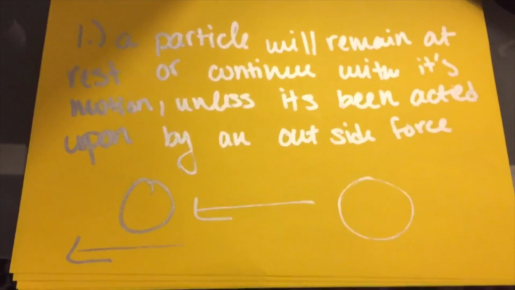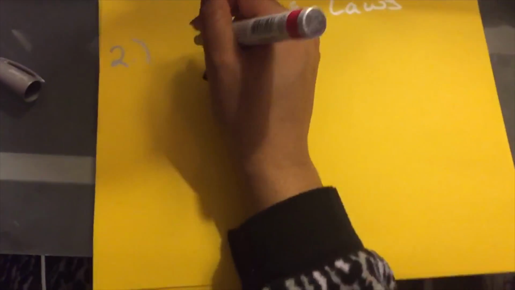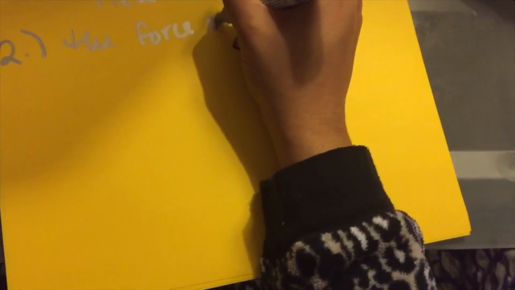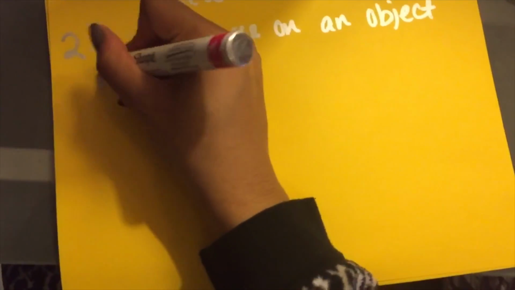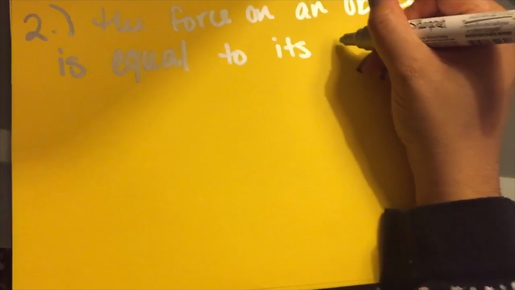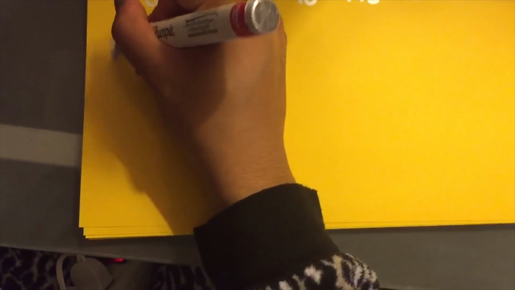So it's logical. The second law would be the force on an object is equal to its mass multiplied by its acceleration.